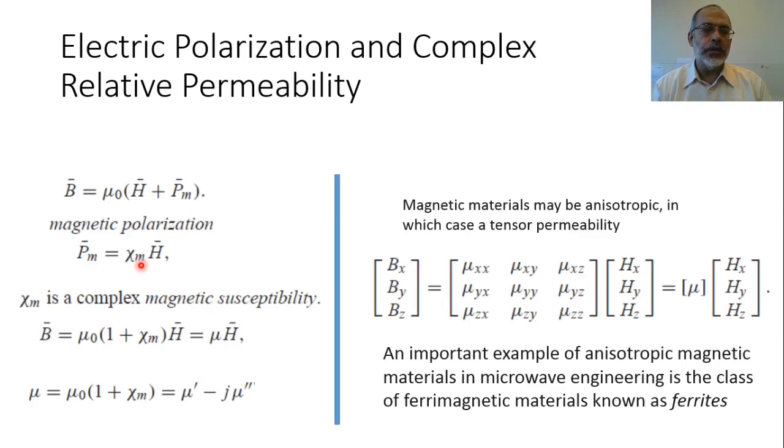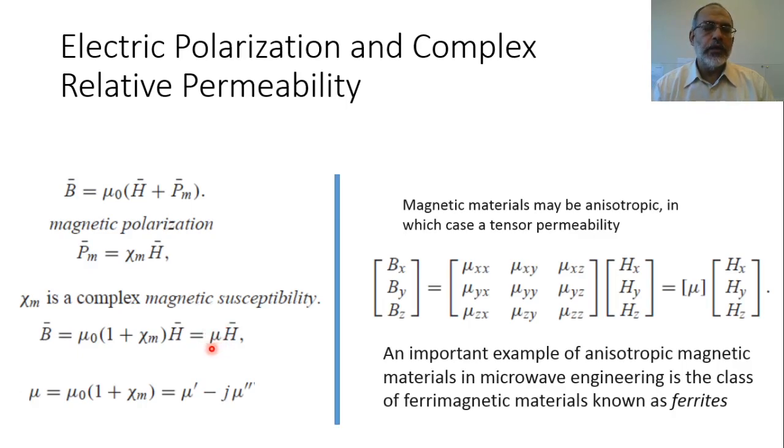So we can say that B would equal mu naught multiplied by 1 plus Xim multiplied by the magnetic field H. So 1 plus Xim here is the relative permeability of the material, and mu naught multiplied by 1 plus Xim would equal mu, which is the total permeability of the material.